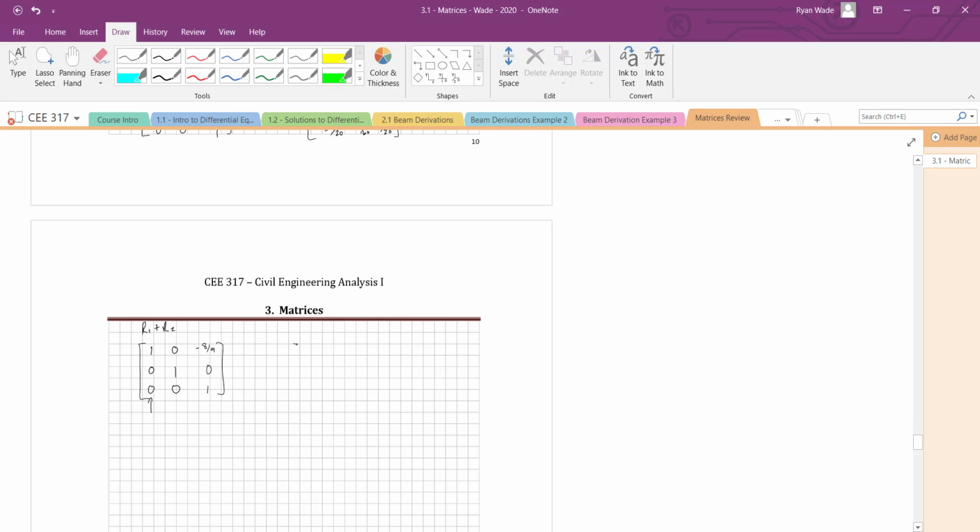And now, oh, I'm sorry, R2 is equal to R2 plus 23 over 9 R3. So all I've done is I've simplified it again. And I forgot to write that step down. Just trying to keep track of my identity matrix here and what it's turning into.